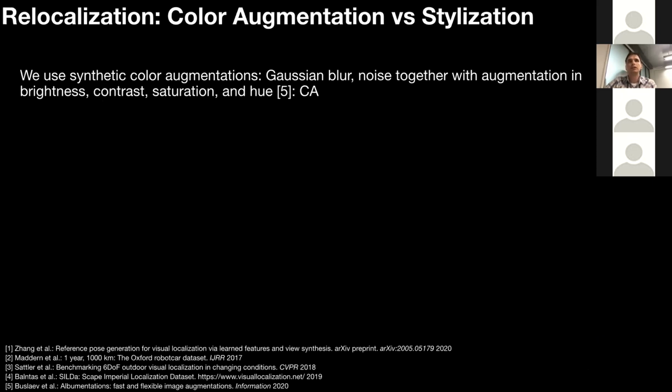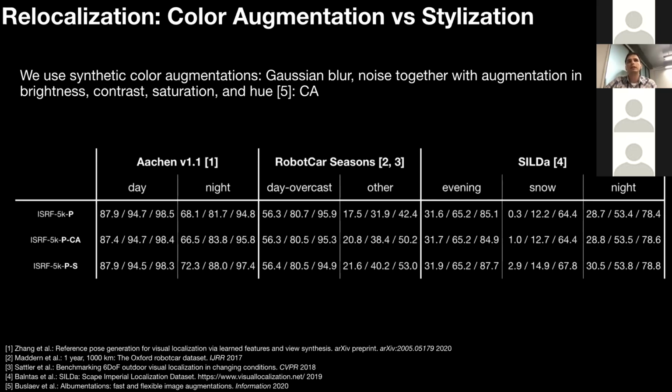But still there is a question, since we can easily get color augmentation, and there are quite a lot of libraries to experiment with and to apply color augmentation to images. So a question which might arise is: is it useful to use stylization and to generate these stylized images? Trying to answer this question, we trained 3 models. The architectures were the same, but the first model, the first row in this table, was trained on the original phototourism dataset, on original images.